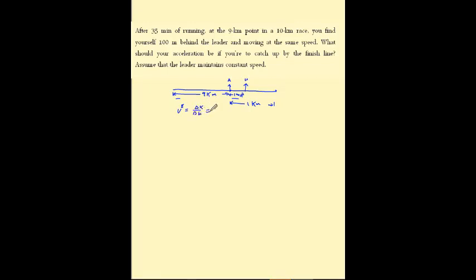In this case, delta x is 9 kilometers plus 0.1 kilometers, which is the 100 meters, times 1000 meters per kilometer in order to convert units from kilometers to meters. This is divided by 35 minutes multiplied by 60 seconds per minute. Evaluating this, we obtain 4.33 meters per second.